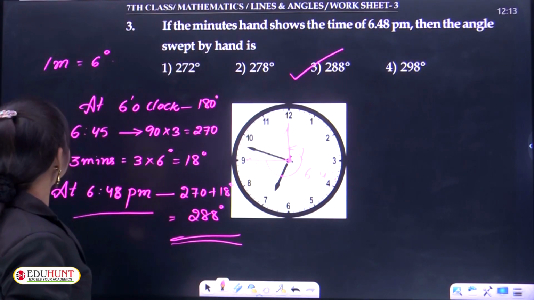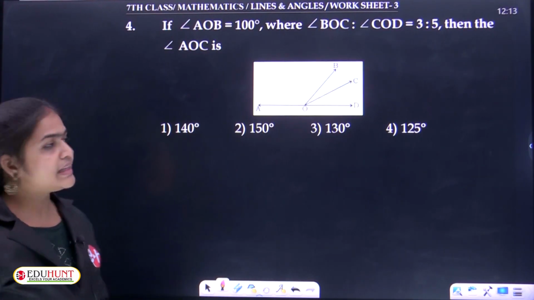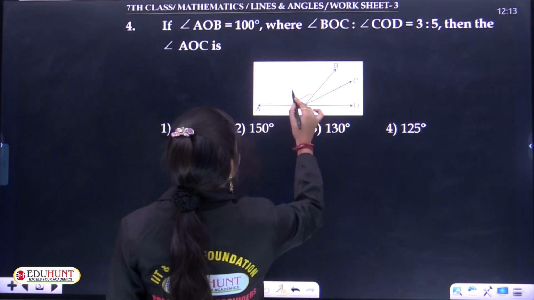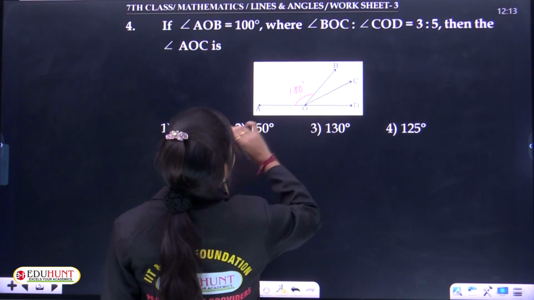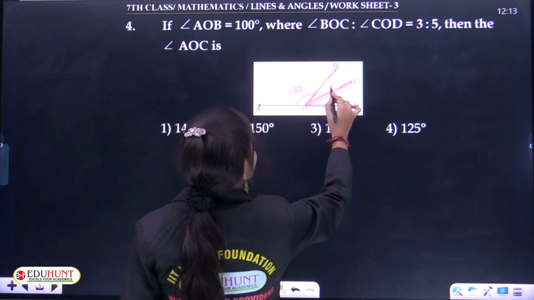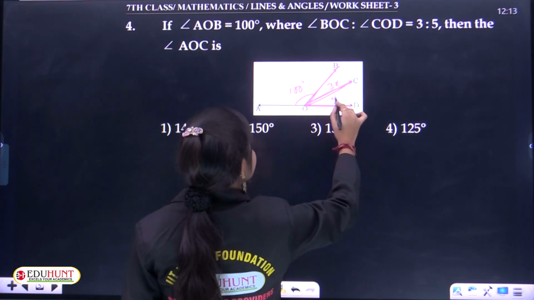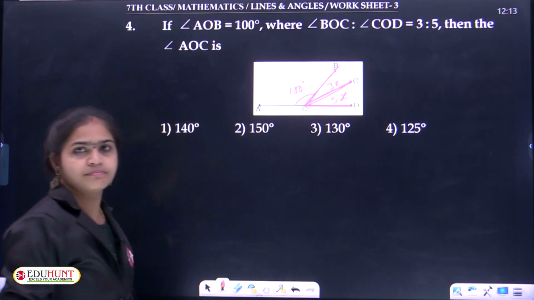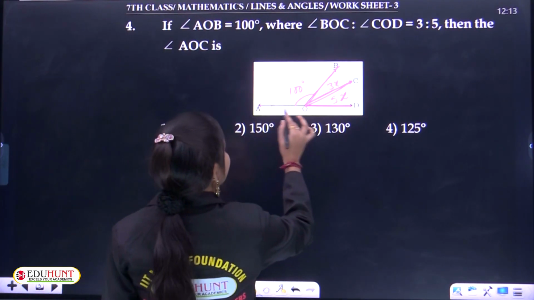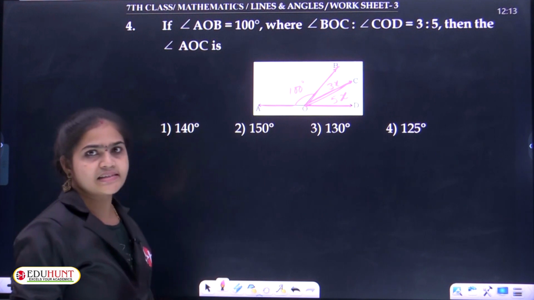Okay, yes. Next, fourth one, says that if angle AOB is equals to 100 degrees, okay, clear? This is 100 degrees, where BOC and COD are in the ratio 3:5, which means 3x is to 5x. Then angle AOC, they are asking angle AOC. This angle they are asking.